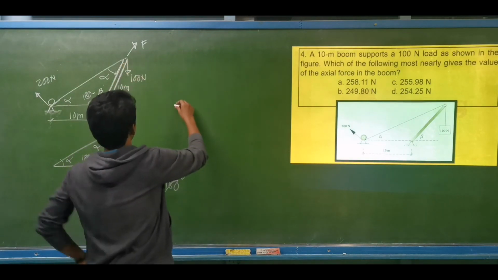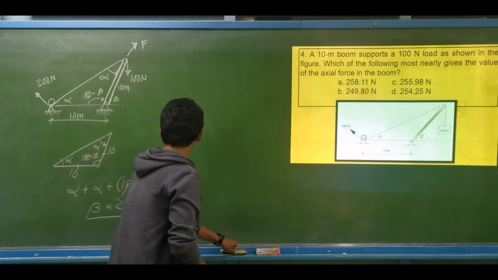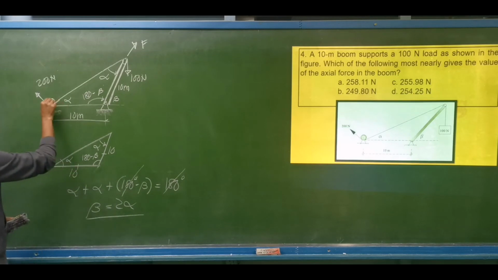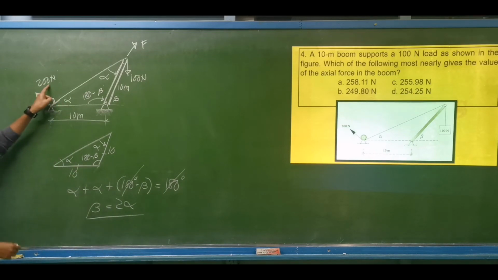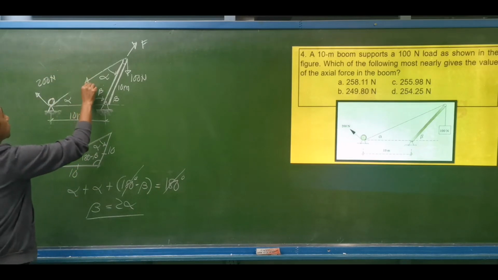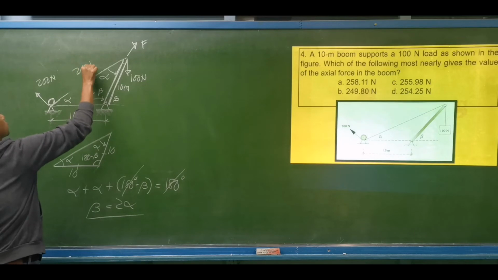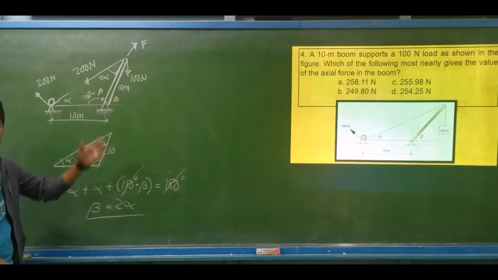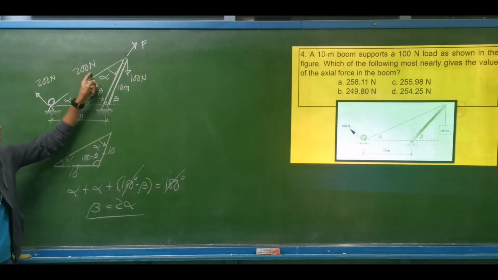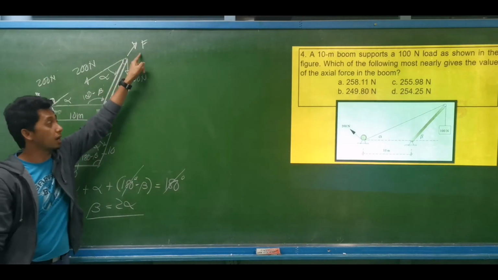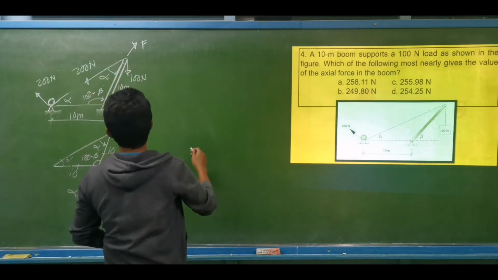Since this is a pulley, the force is given as 200 newtons. If we cut this cable on this portion, this is the same as 200 newtons. So let us make the force triangle for 200, 100, and the axial force.